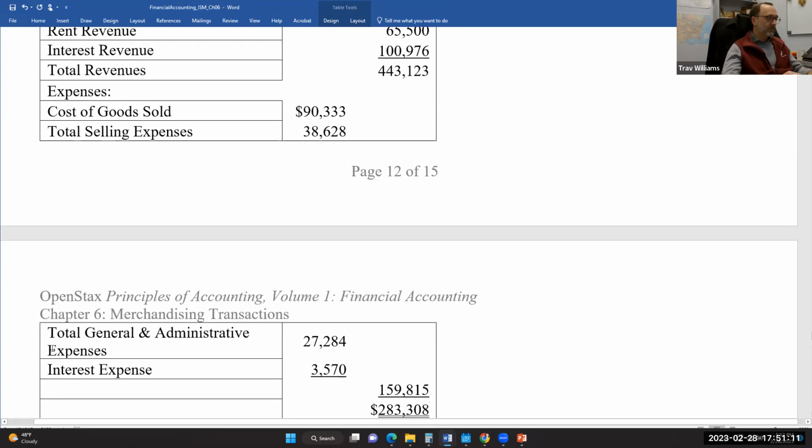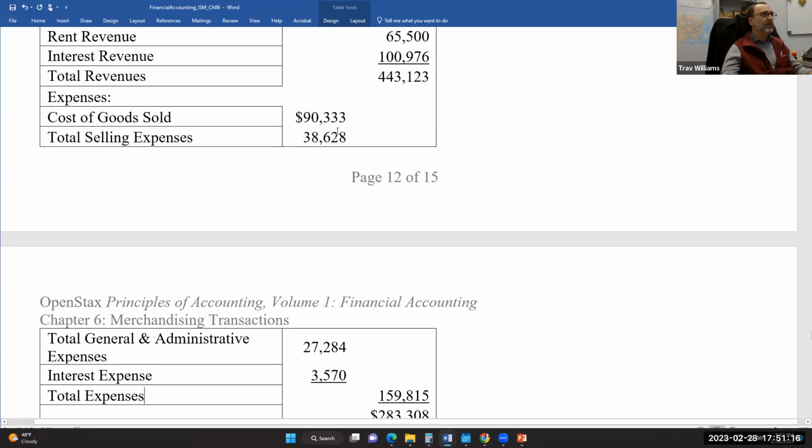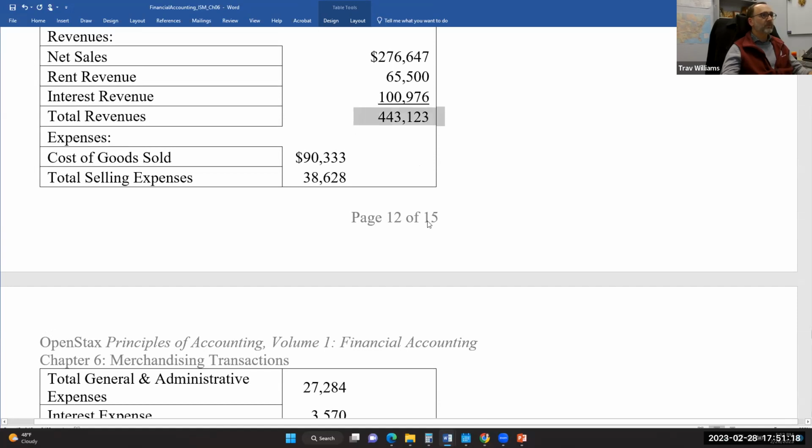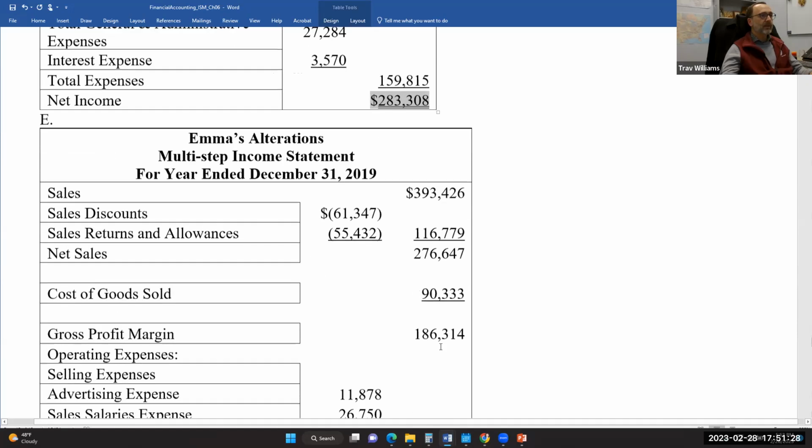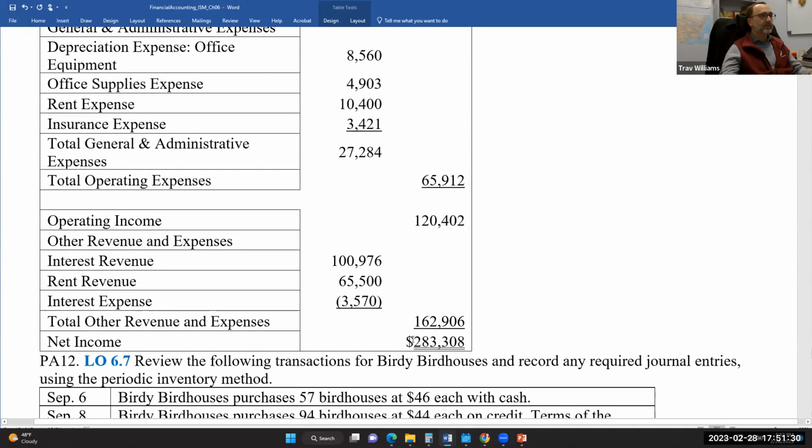Okay, and so this is our total expenses. And then if we take our total revenues, subtract our total expenses, we get our net income. Again, it should match what we came up with in the multi-step income statement, 283,308. Okay, same answer there.